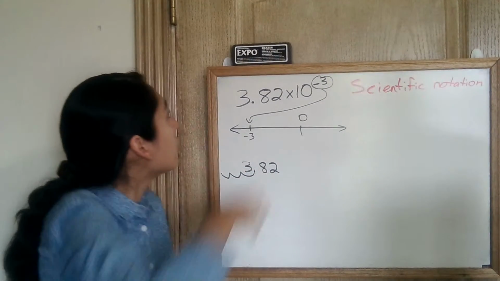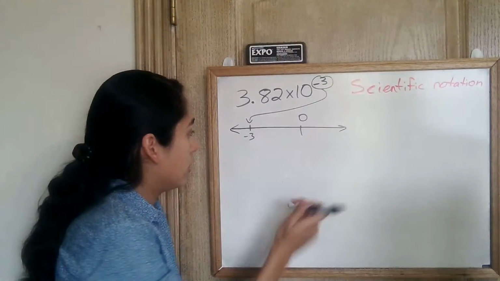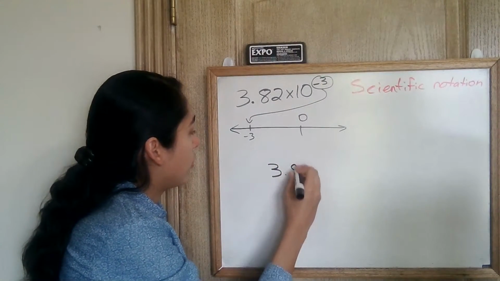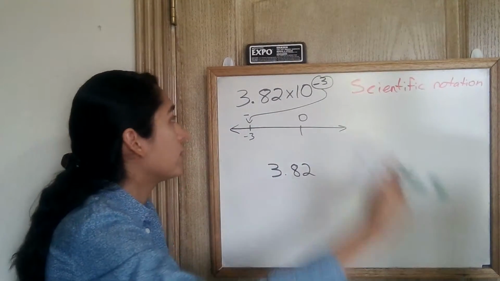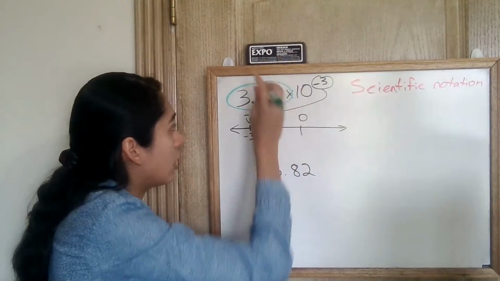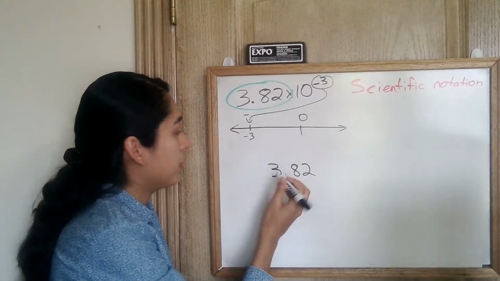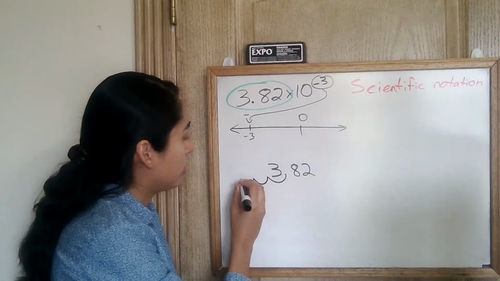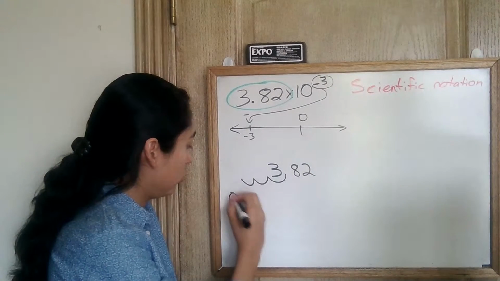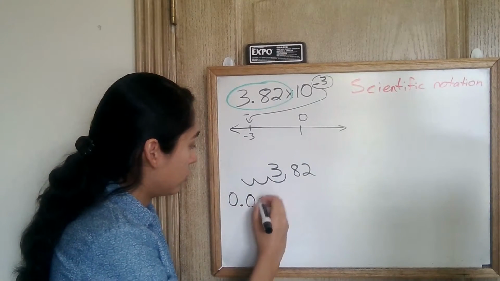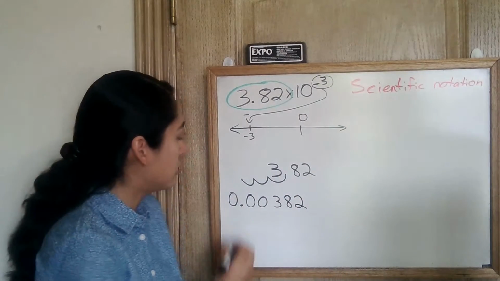Should have done that with more room. So just copy down this value right here. Just copy it down. Now we're going to move 3 times to the left. 1, 2, 3. Then now copy this down as 0.00382. This is now my answer in standard form.